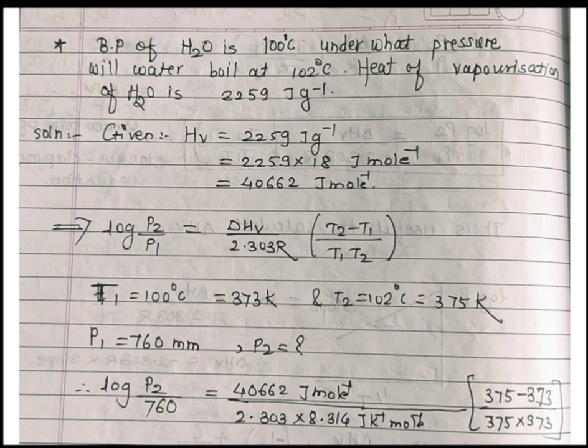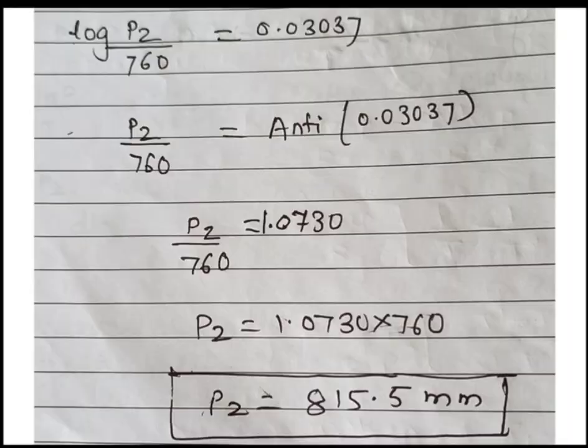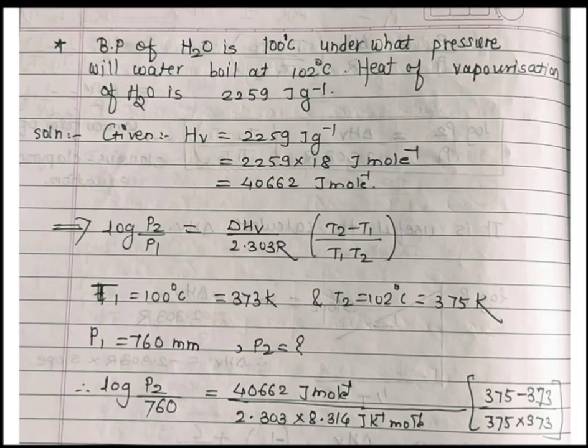Now we have to find P2. Put all the values in this equation: log of P2 upon 760 is equal to 40662 joule per mole divided by 2.303 into 8.314 joule per Kelvin per mole, into 375 minus 373 divided by 375 into 373.